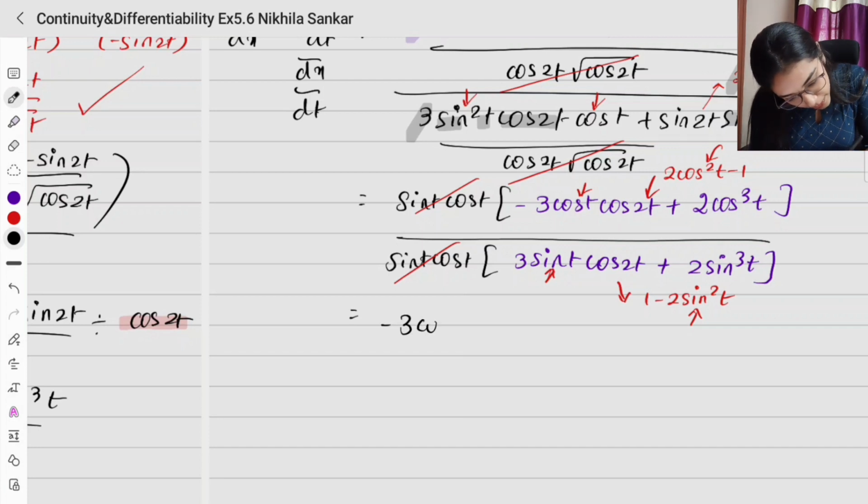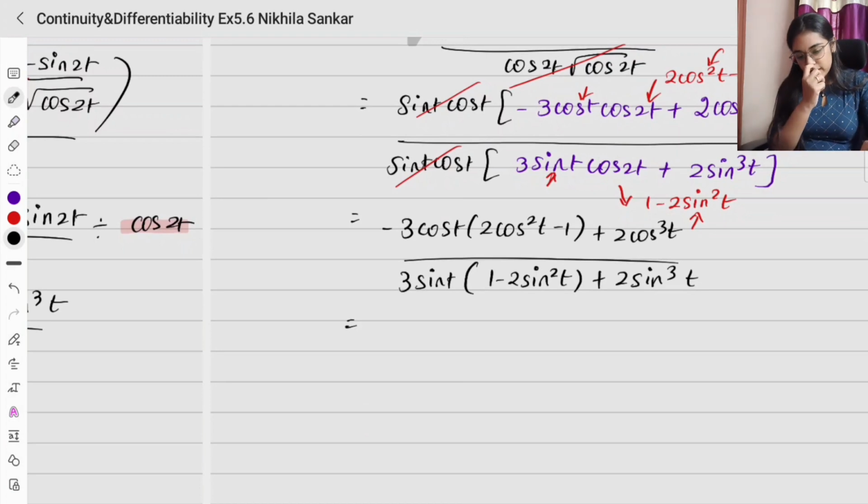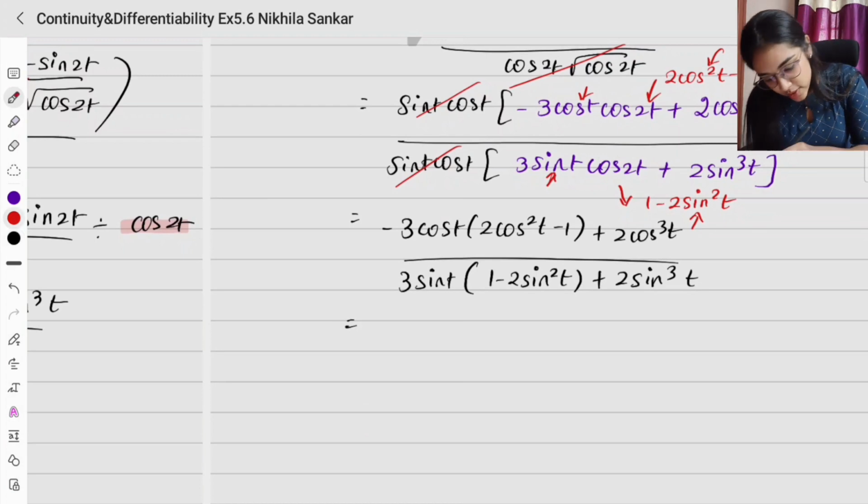Okay, so what can I do? Minus 3 cos t times 2 cos square t minus 1 plus 2 cos cube t, divided by 3 sin t times 1 minus 2 sin square t plus 2 sin cube t. Now further multiplying, I'll be left with 3 cos t into 2 cos square t. I'm opening the brackets.